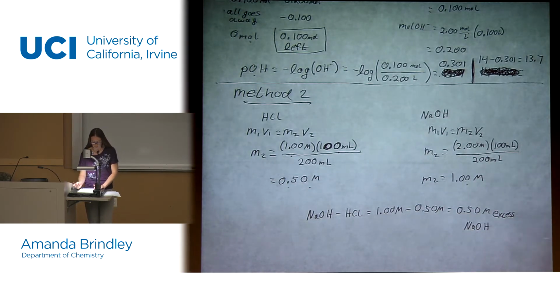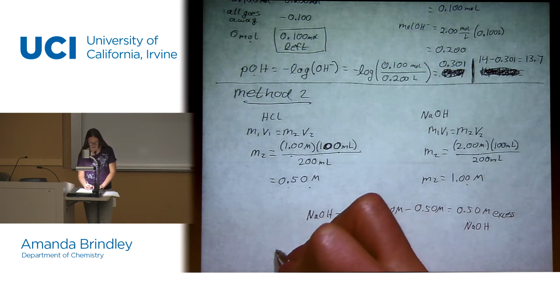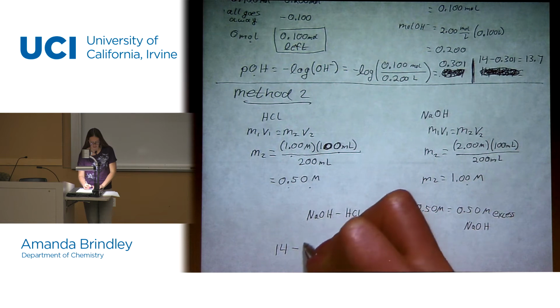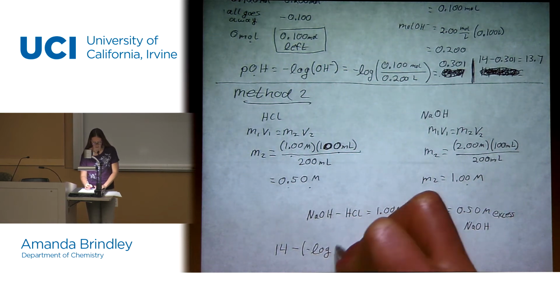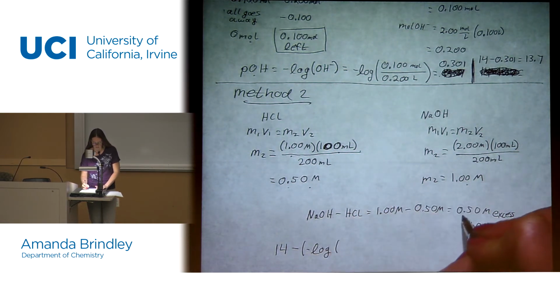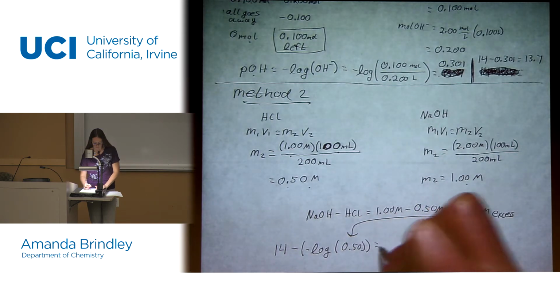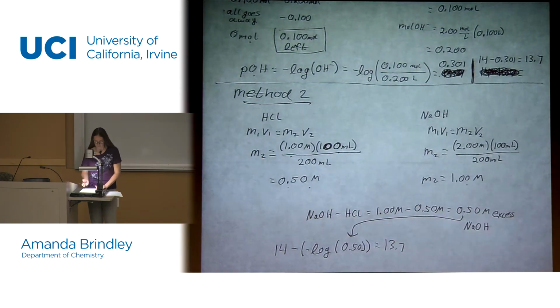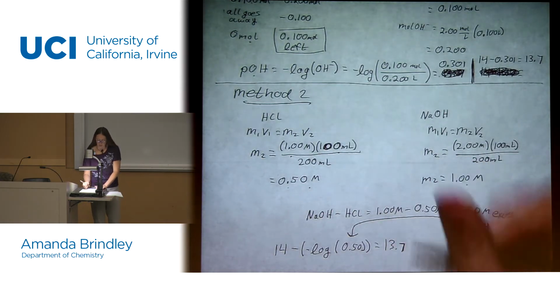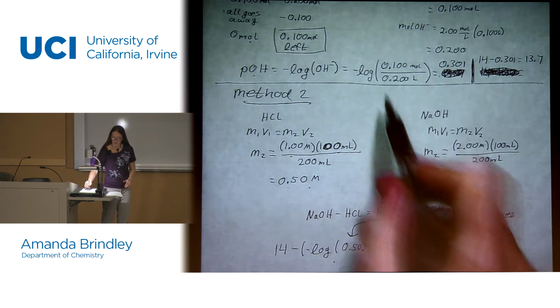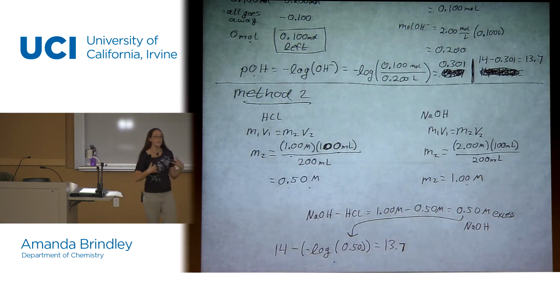Or if you want to think about it, our excess OH minus, whichever. And 14 minus the negative log of that. Or of course, doing what we did up here, finding the negative log of it first, then subtracting from 14.